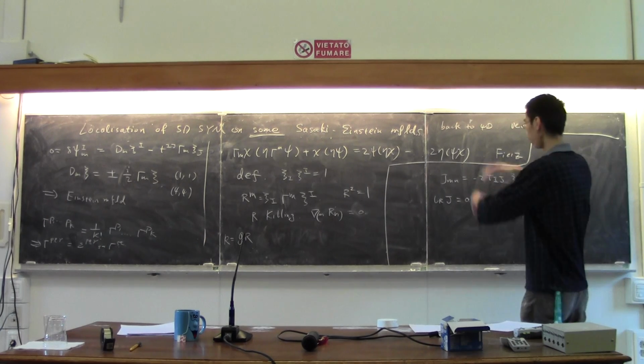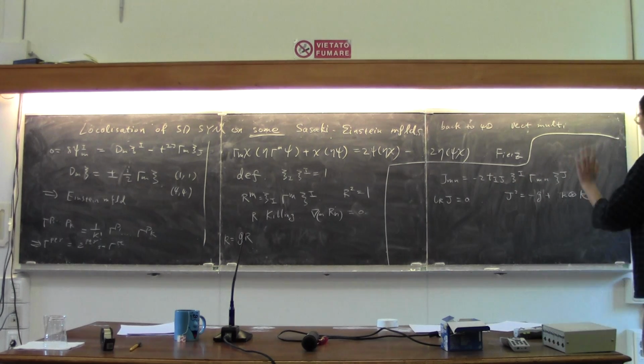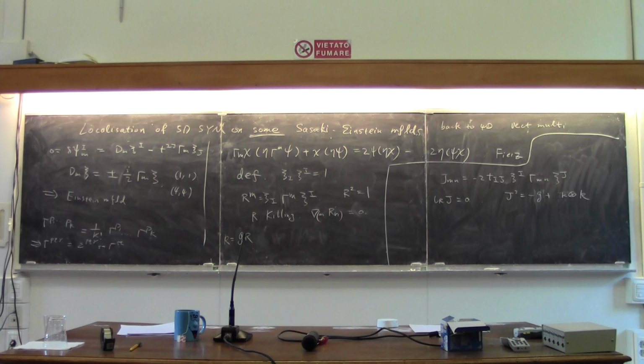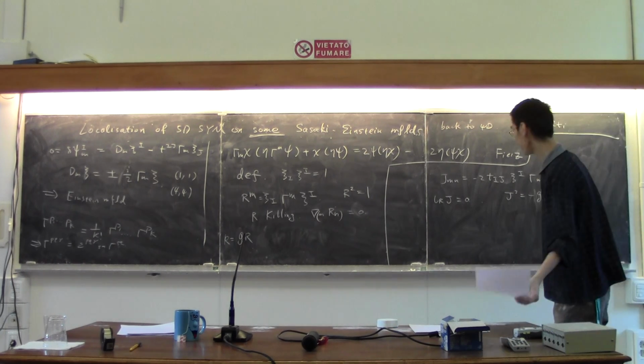Also, for tensors like this, I will raise and lower the index without telling you. That's only the mathematicians who care about this. So again, this follows from the Killing spinor identity.